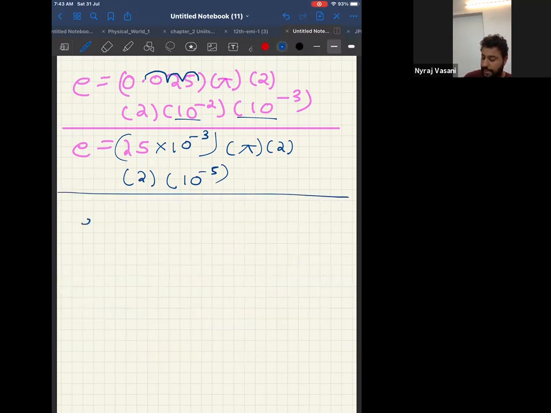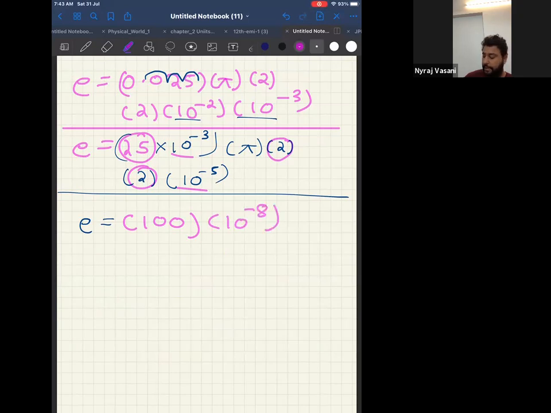Now, E is equal to 25 into 2, 50 into 2, 100. Therefore, it will become 100 into 10 power minus 3, 10 power minus 5 will be 10 power minus 8, into pi. I have taken everything into consideration.